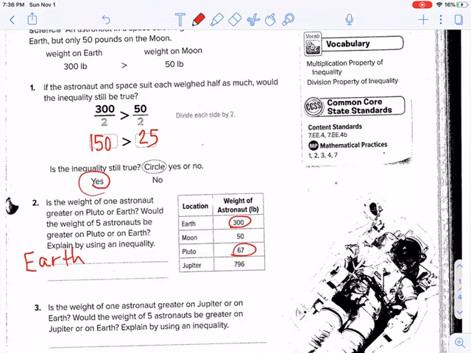And if you multiplied each one of those by 5, you're still going to have that Earth is greater than Pluto. So just like we did with the addition and subtraction properties of inequality, it's the same with multiplication and division. If we multiply both sides by 5, you're still going to have a true inequality.